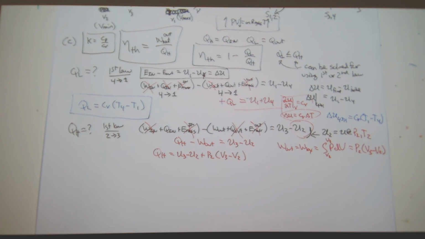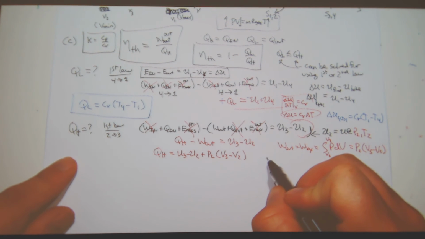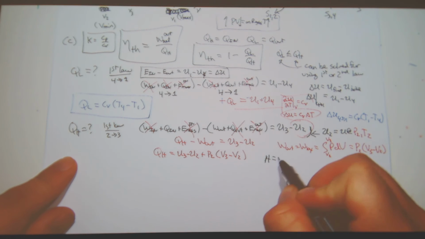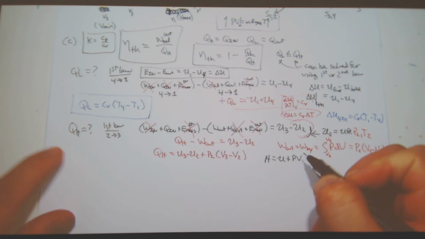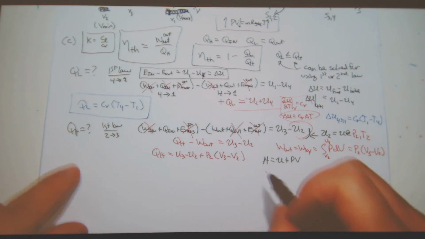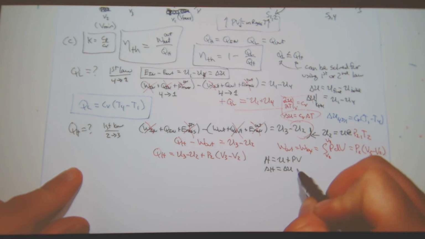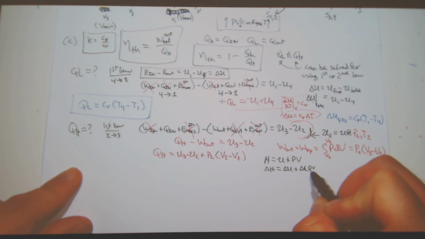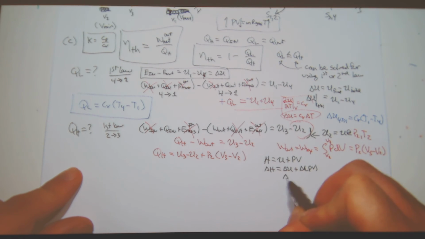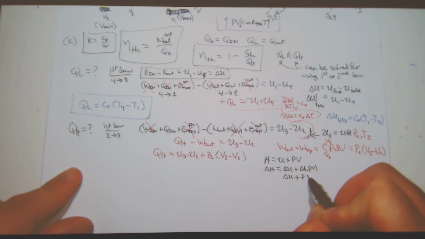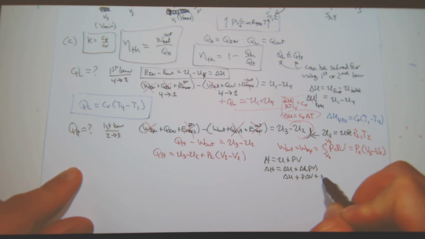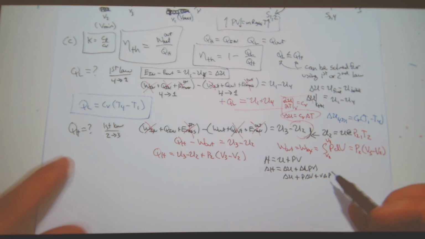So what you need to do is recall that the enthalpy is equal to U plus PV. So the change in enthalpy is equal to change in internal energy plus the change in PV, which equals the change in internal energy plus P times delta V plus V times delta P.